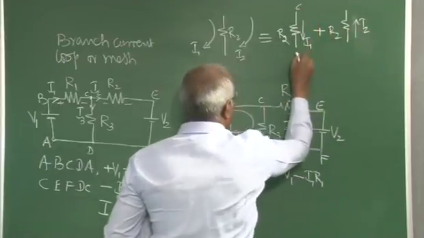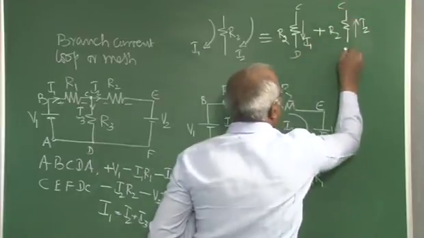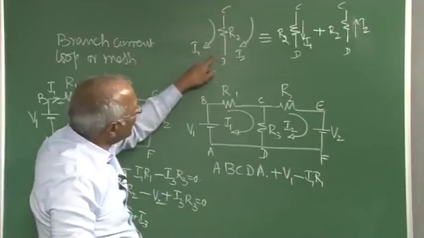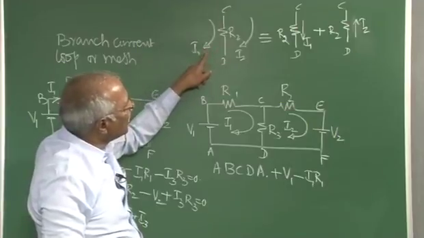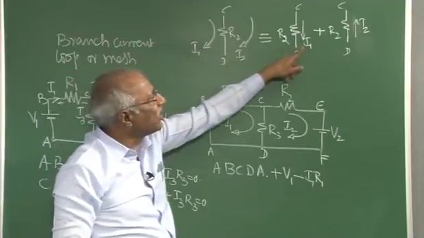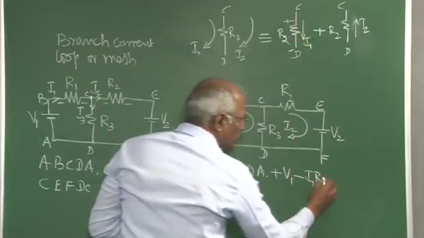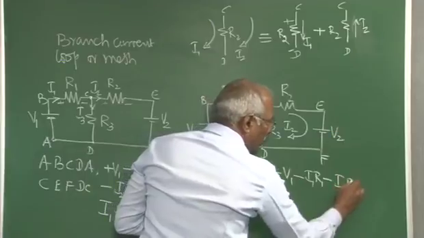This being C, this is D, same CD, CD. As I am moving here, I encounter two currents, I1 and I2. As far as the drop due to I1, we are coming from plus to minus, therefore it can be taken as minus I1 into R3.